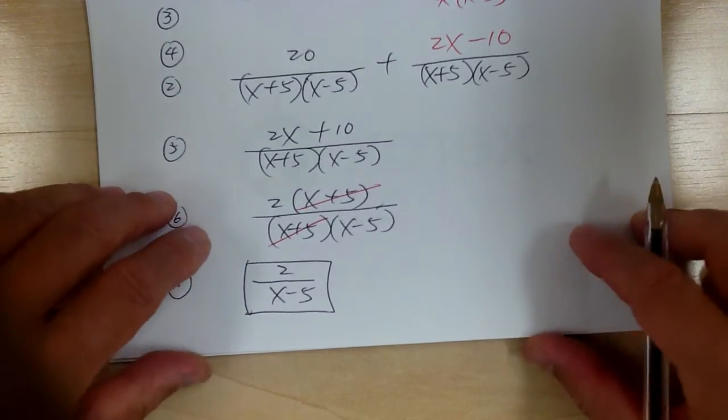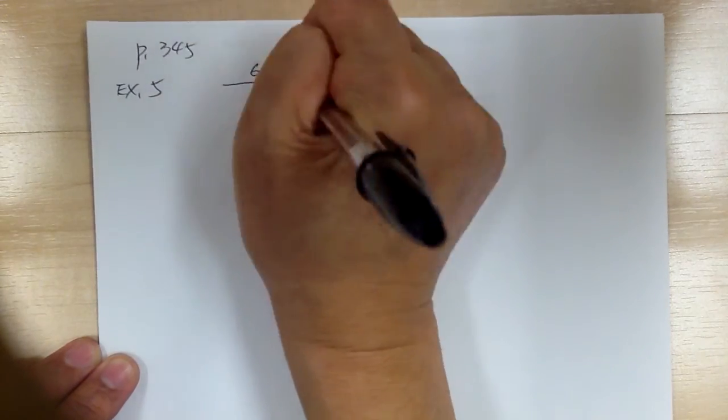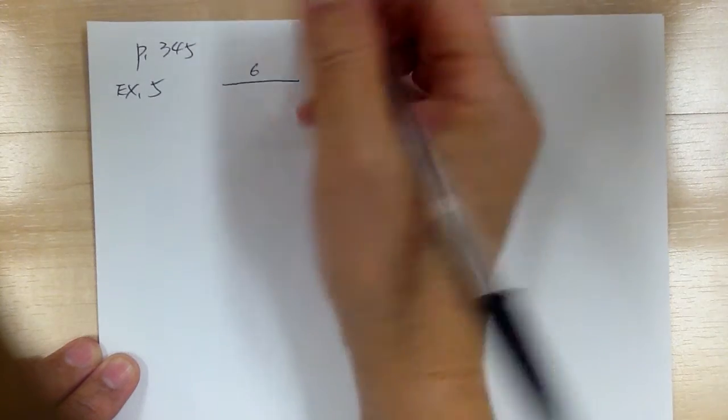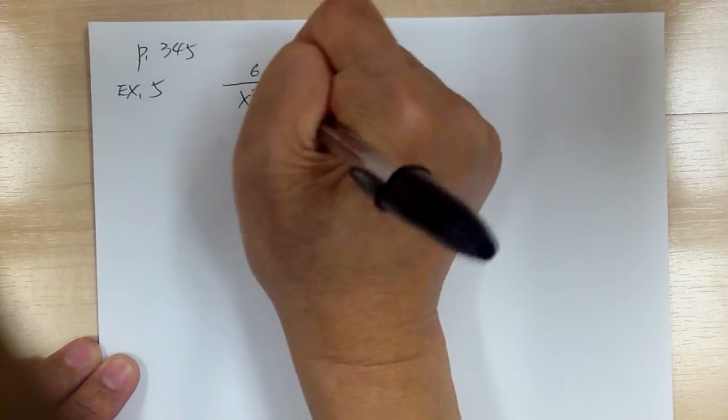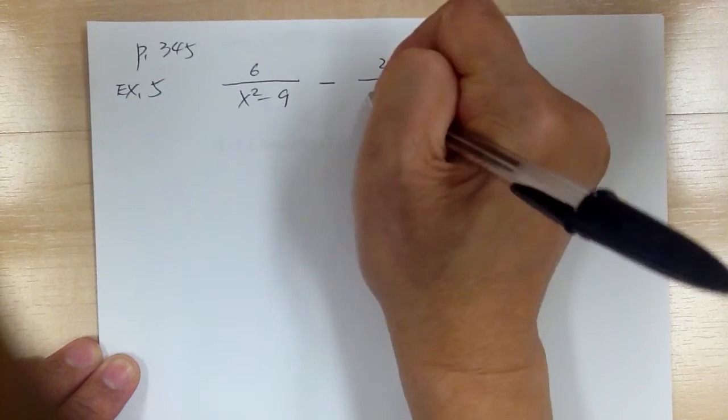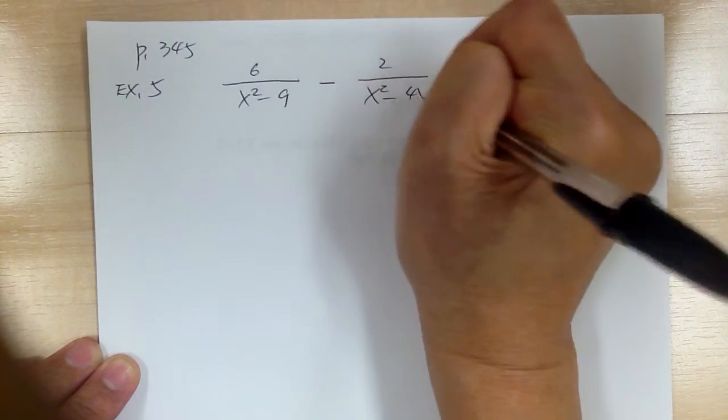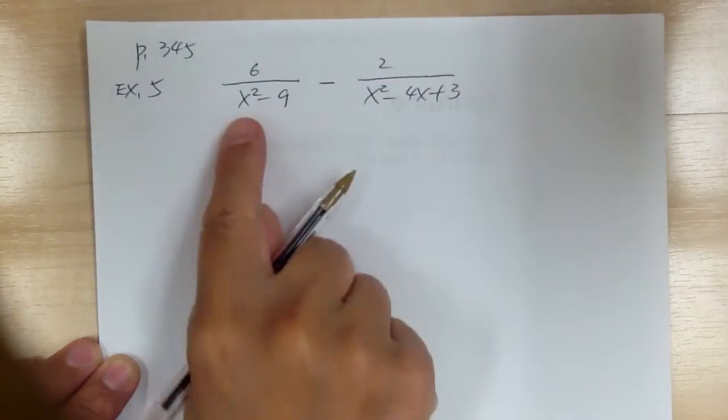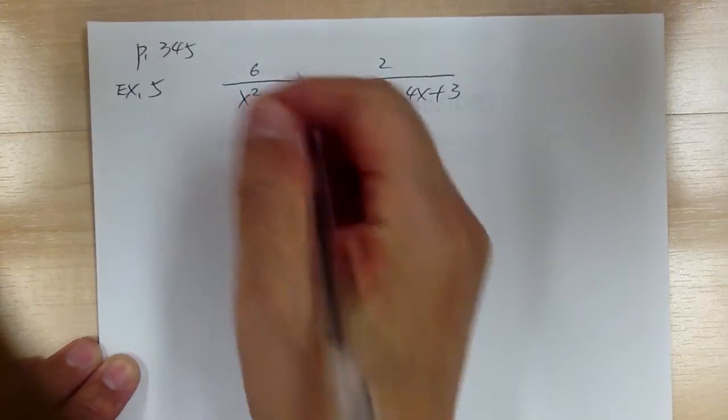Okay, let's go to example 5. In example 5, you're adding, so actually it's subtraction: 6 over x squared minus 9 minus 2 over x squared minus 4x plus 3. Again, all these are terms, so right away you got to do factoring.